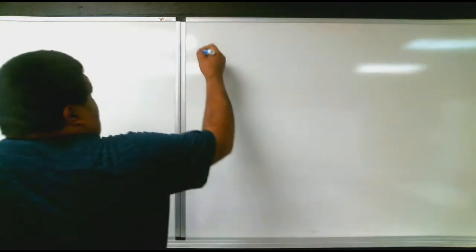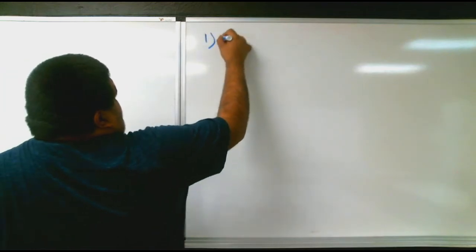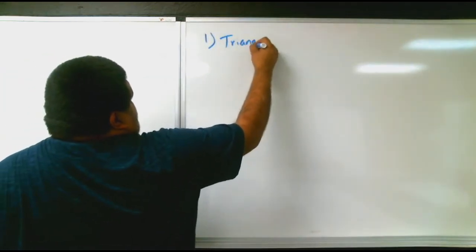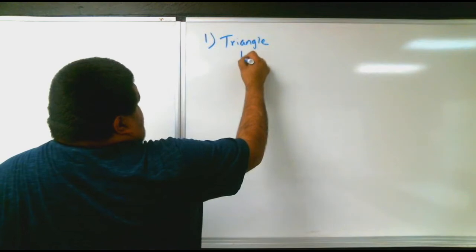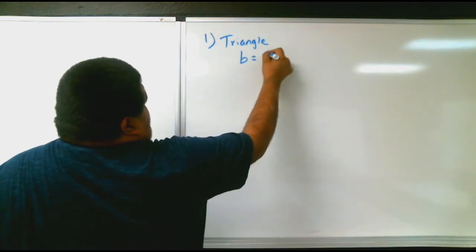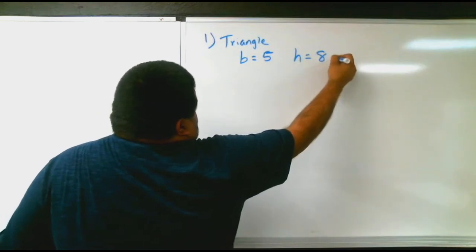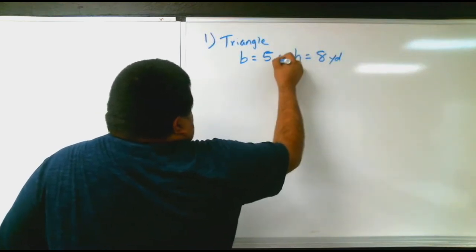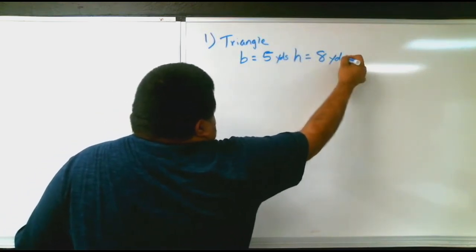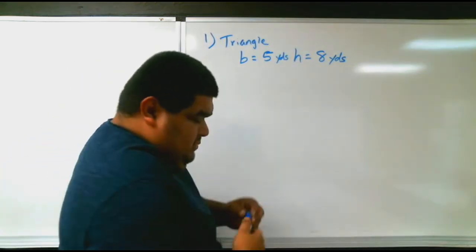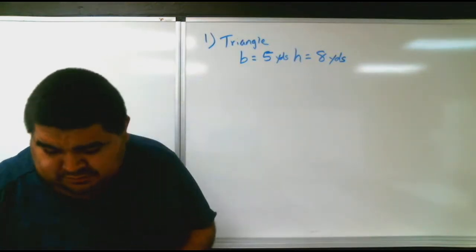For number one, we have a triangle where the base equals 5 and the height equals 8, both in yards.